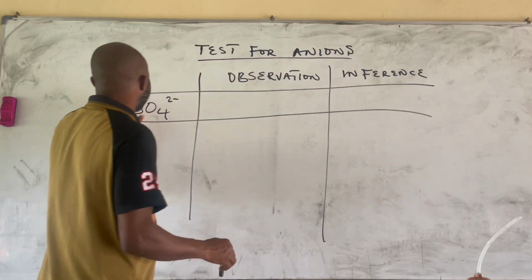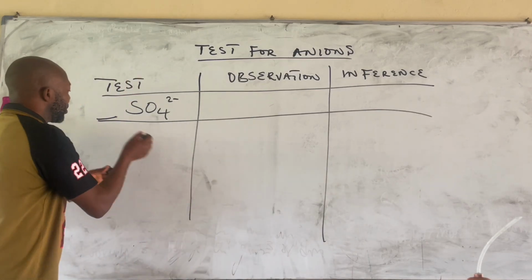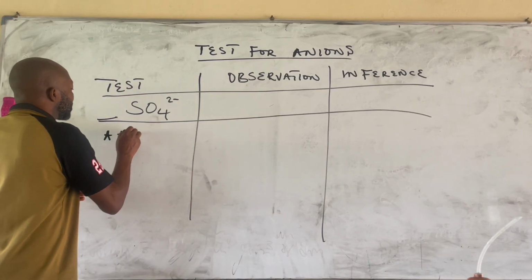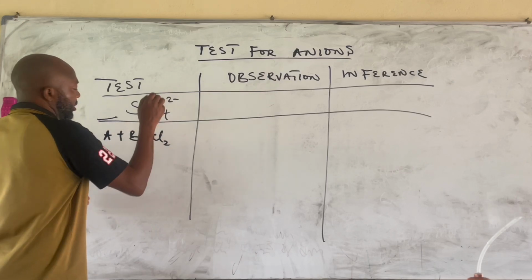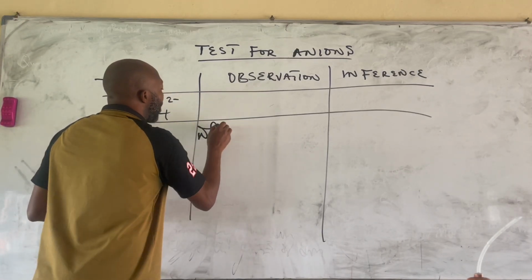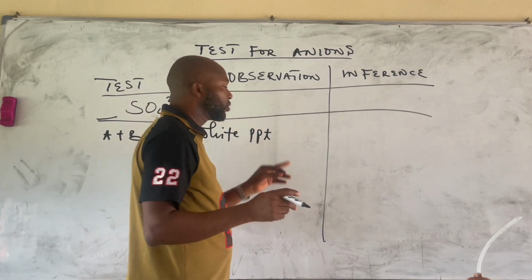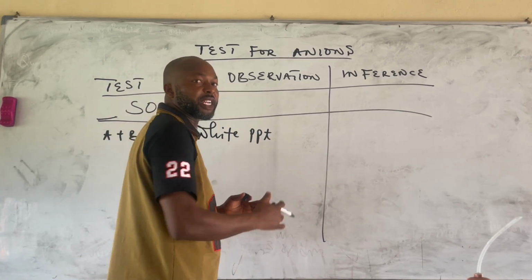That is your test. When you do this, we say we have a white precipitate. You have to write it in full, don't abbreviate. Because of space, I have to manage this.